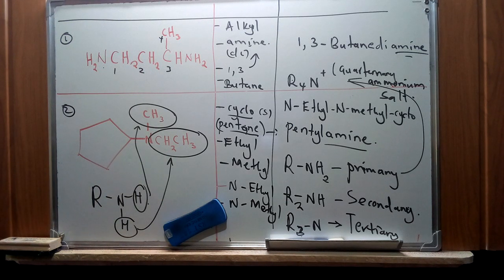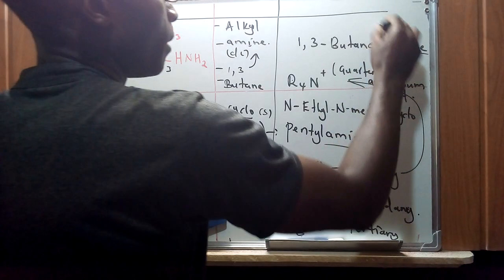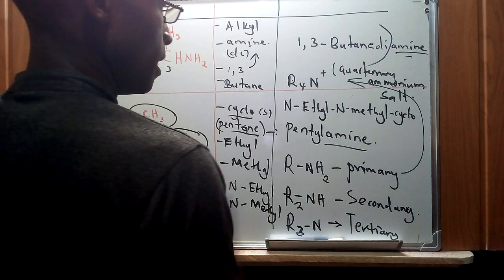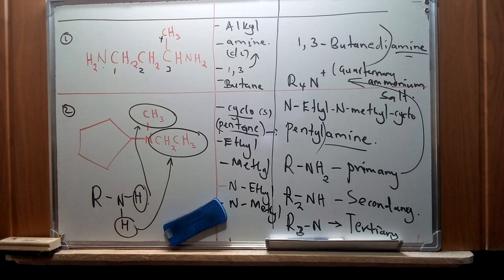Now for simple amines, we have said that the suffix is going to be amine, which is added to the name of the alkyl substituents, as we have done in this case and for this second one. Now there are some complicated cases whereby the NH2 group is an amino substituent on the parent molecule, but we're going to see that one later.